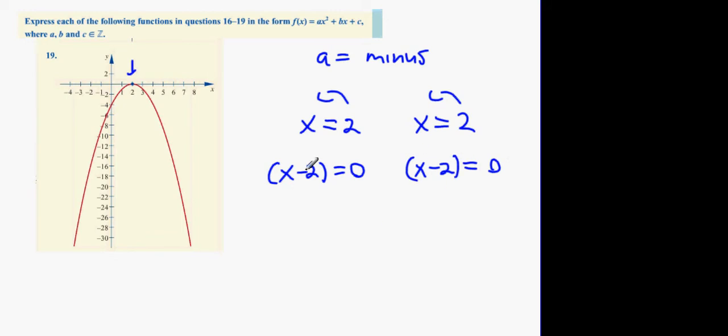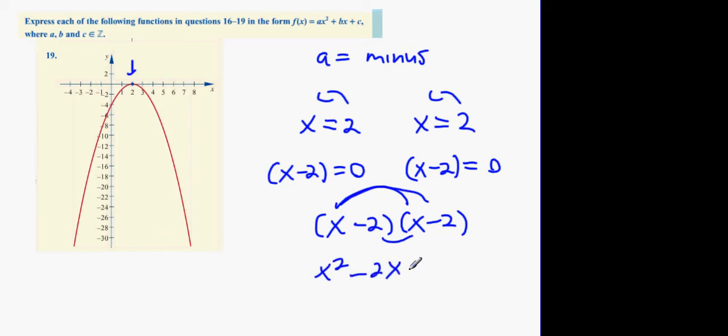We're going to multiply the two of these by each other. Now, the problem we're going to encounter is that it's not a minus x squared. So we're going to get x squared minus 2x minus 2x plus 4.